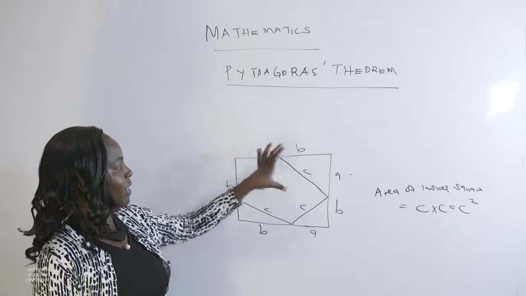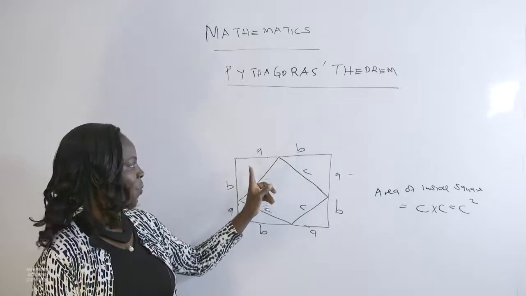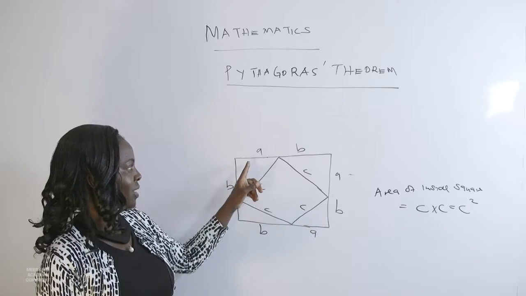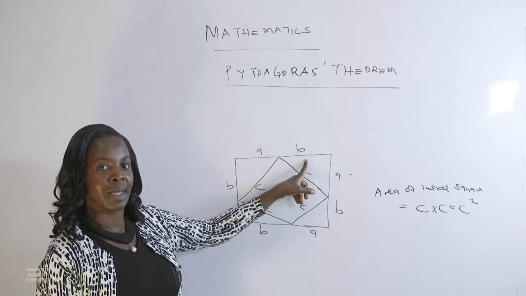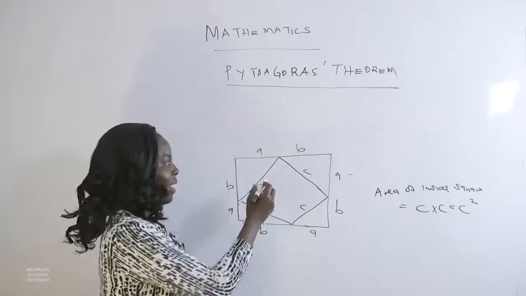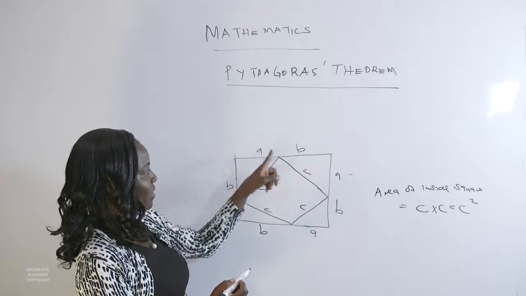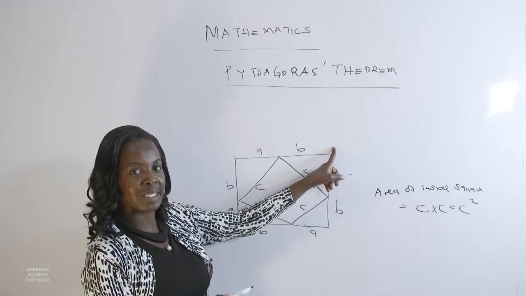What about the area of this larger square outside that is measuring A and B? We are told from here to here the length is A, and from here to here the length is B. So if we are supposed to get the length from this point to this point, what do we say?